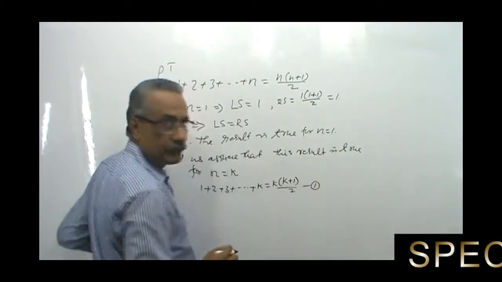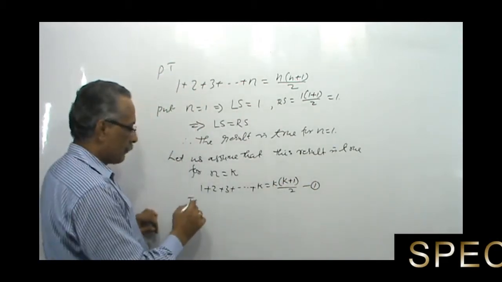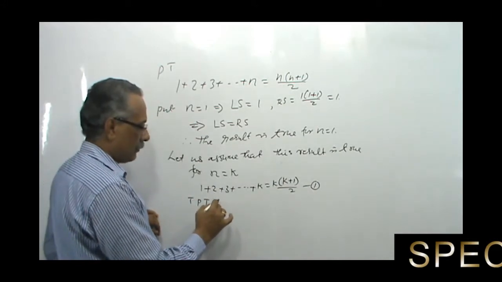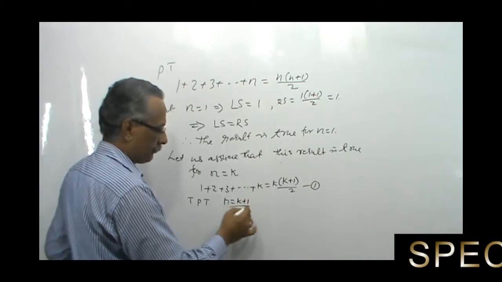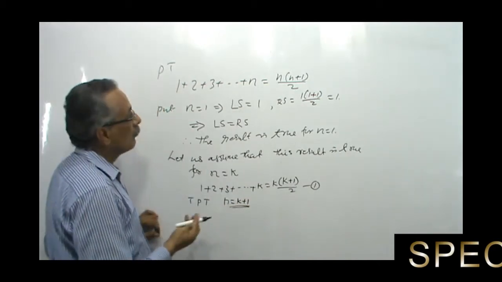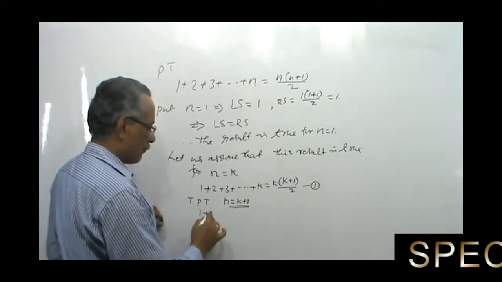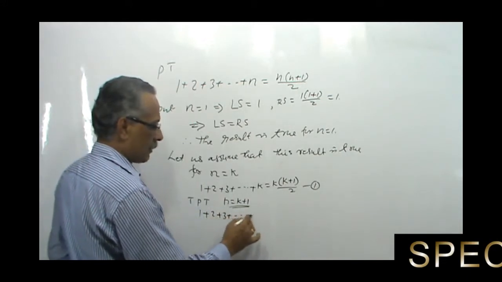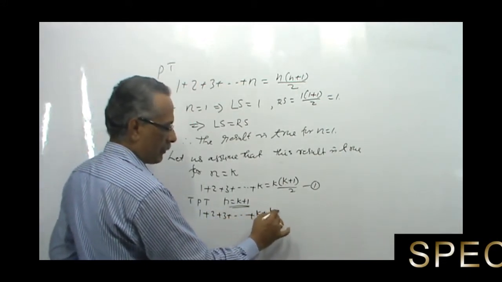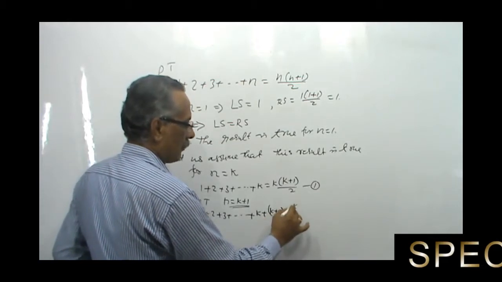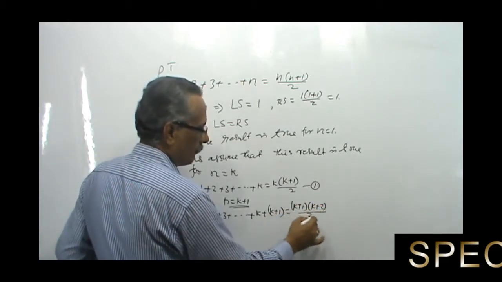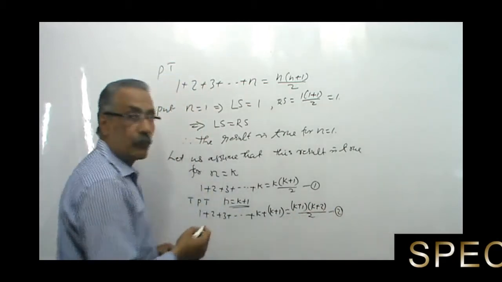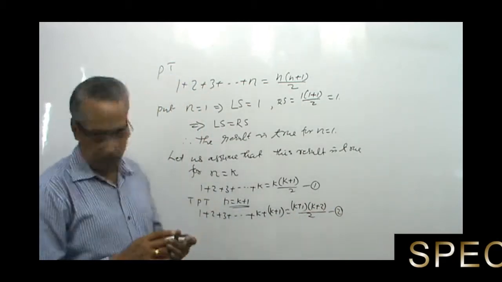Call this question number 1. To prove the result for n is equal to k plus 1, what will be that result? That will be 1 plus 2 plus 3 plus etc. plus k plus 1 is equal to k plus 1 into k plus 2 divided by 2. Call this question number 2. This is to be proved using this one.